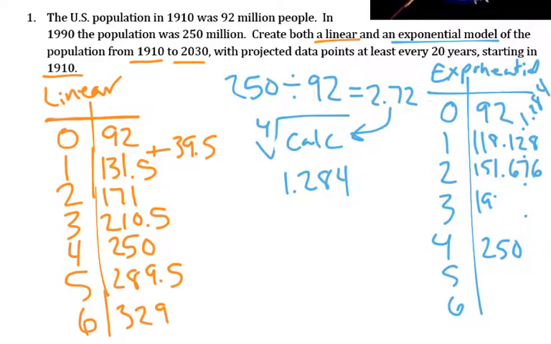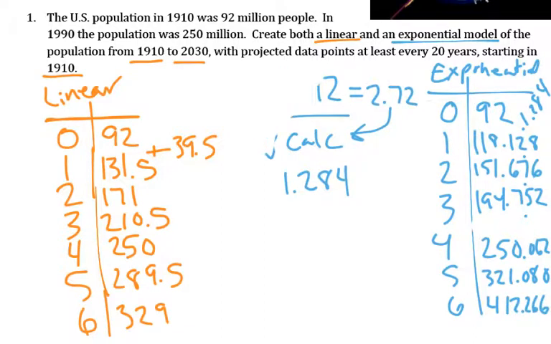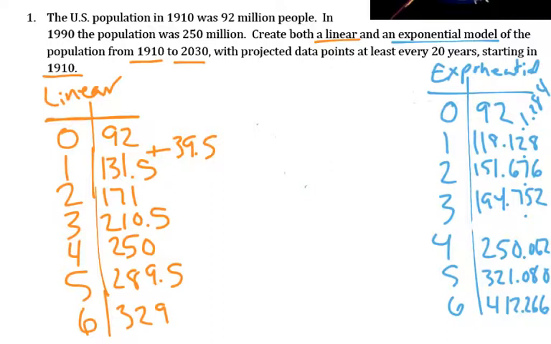Then 194.752, then 250.062, and then 321.080, and then 412.266. Okay, so there's our two models.